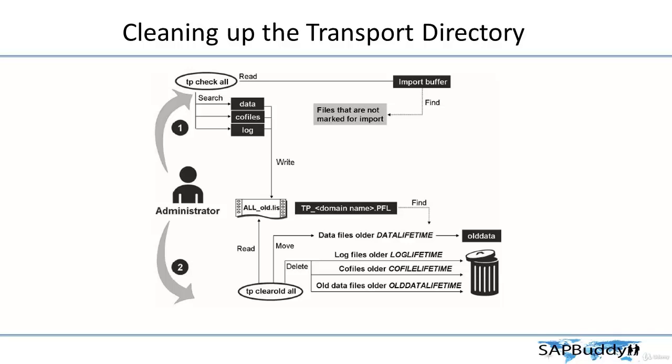After that, if it is not necessary, then you can delete it, or you can archive it to CDs or some other media if necessary. So transport cleanup is also required once in a while, to make sure it is not occupying your operating system storage space.